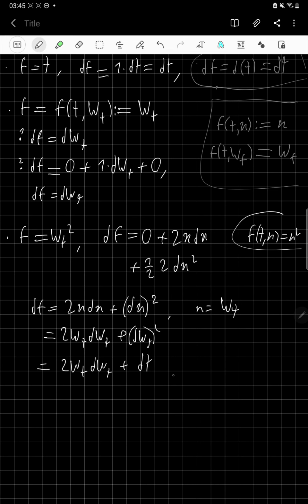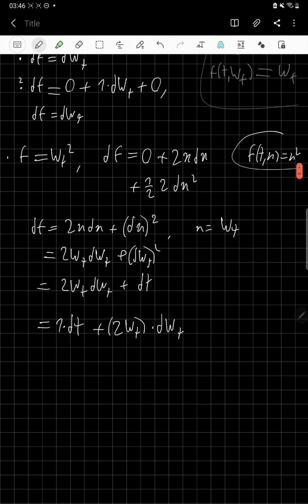But yes, I guess this is not exactly canonical form because dt appears first, so it's 1 times dt plus 2Wt times dWt. Okay, and this is the canonical form. This is the drift part, the drift coefficient. This is the diffusion coefficient. I think so.